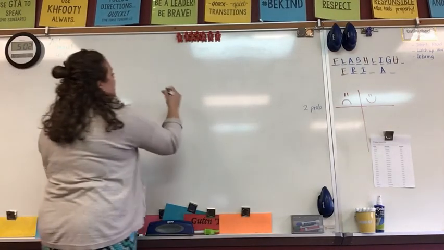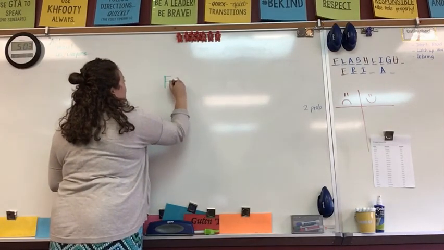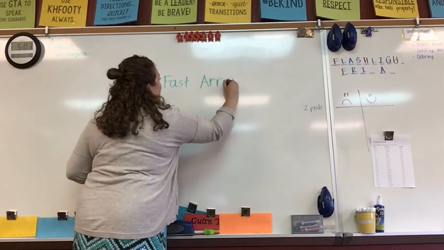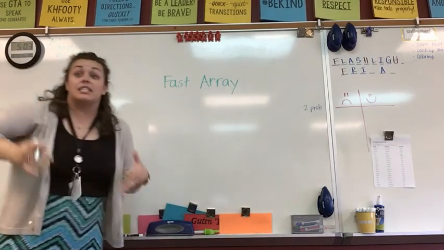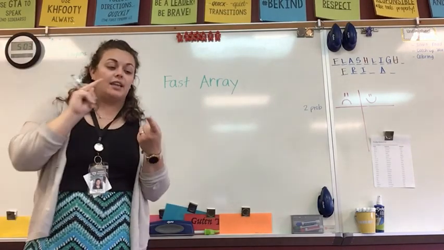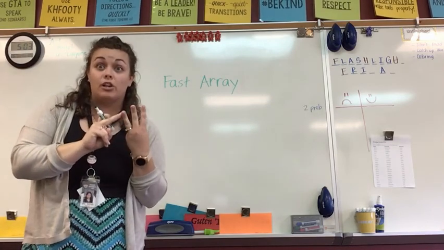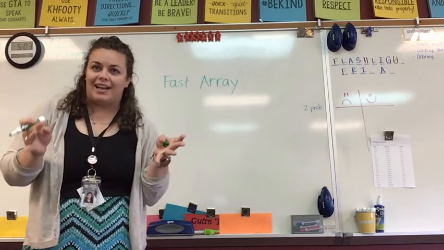We're talking about a fast array. A fast array is exactly what it sounds like. It's another type of math drawing, like equal groups or equal shares or a regular array drawing, but it's way faster.